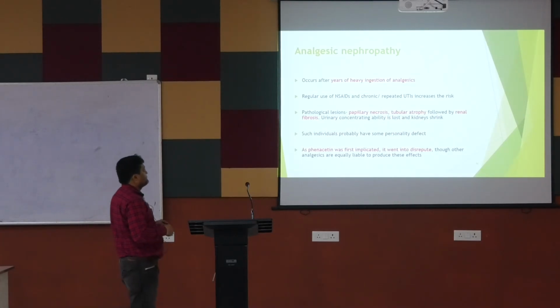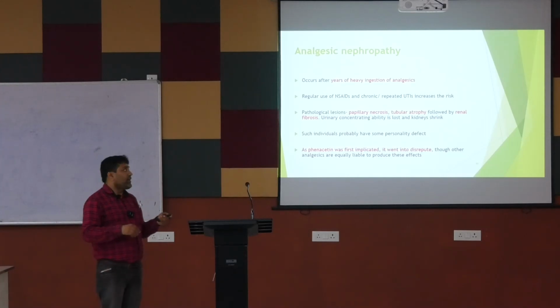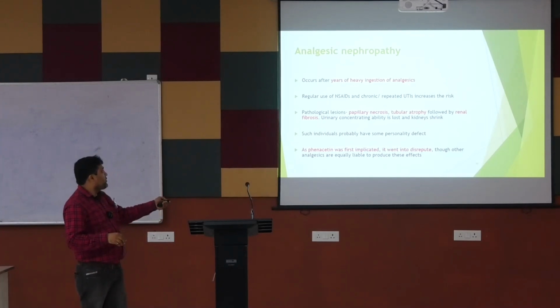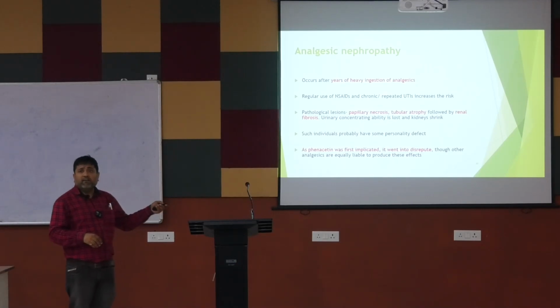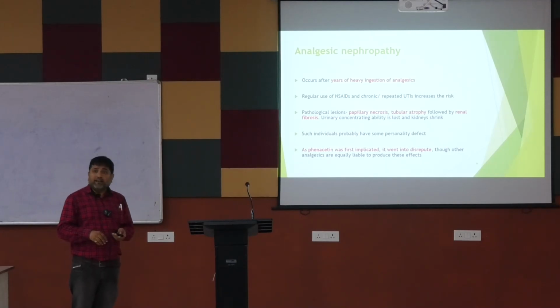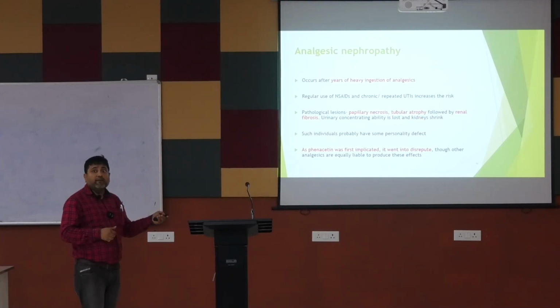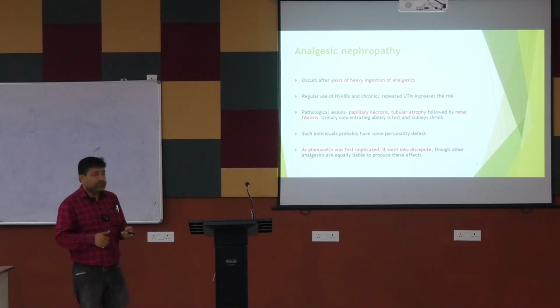Analgesic nephropathy. It occurs after years of analgesic use or non-steroidal anti-inflammatory drug use, particularly seen in patients receiving regular use of NSAIDs and having chronic or recurrent urinary tract infection. Now, what are the pathological lesions that are seen? Basically, papillary necrosis that is discussed earlier, followed by tubular atrophy and renal fibrosis in the advanced stage.